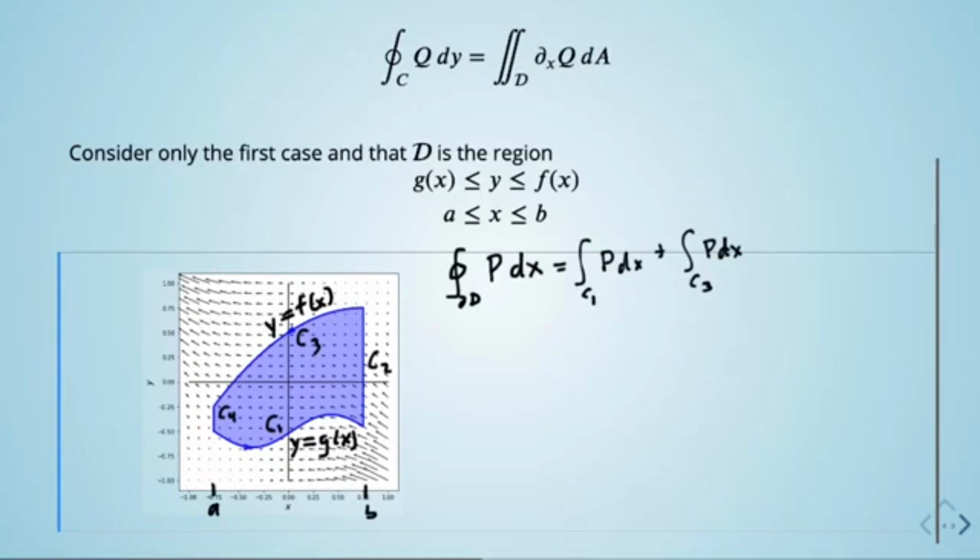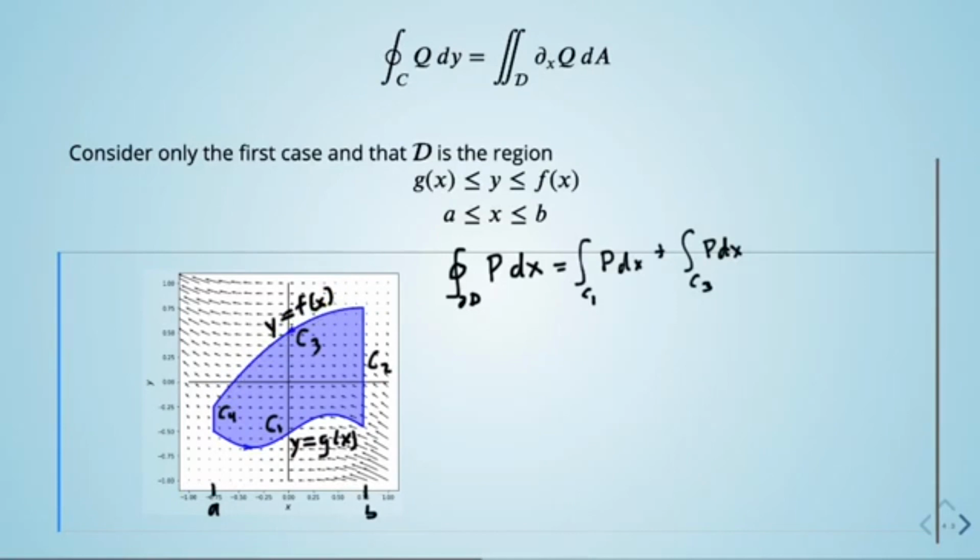Okay, so now we're just going to go compute these guys, but we're going to be a little bit more clever about this. We're going to parameterize both pieces, but parameterizing C1 is going to be pretty easy. It's a graph of a function going left to right. We know exactly how to do that. C3, however, goes backwards, and so we're going to use the trick that to evaluate the integral of C3, we'll subtract the integral going backwards.